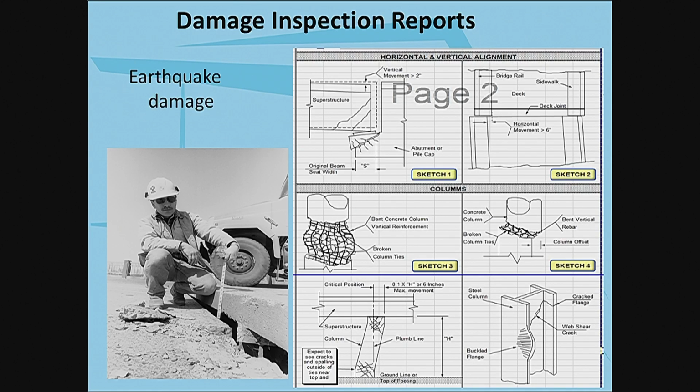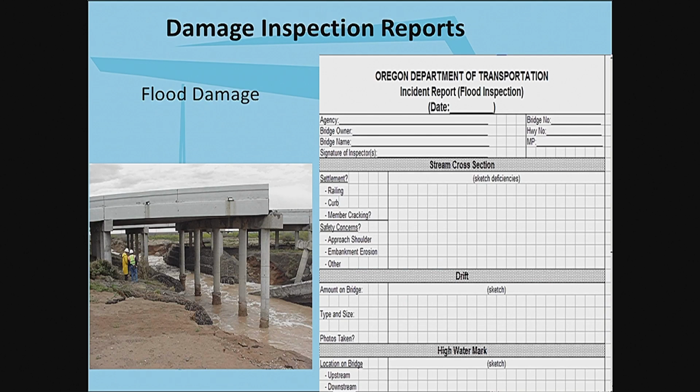And if you haven't been to the first responder training through your agency, through our T2 center with ODOT, you can request that training. It's a half-a-day training on what to look for after a seismic event. It's excellent training. If you have any questions, you can get a hold of me afterwards or talk to Holly or Rich about that.